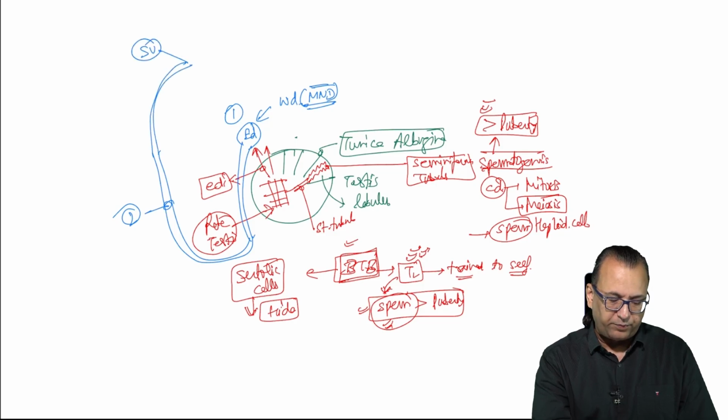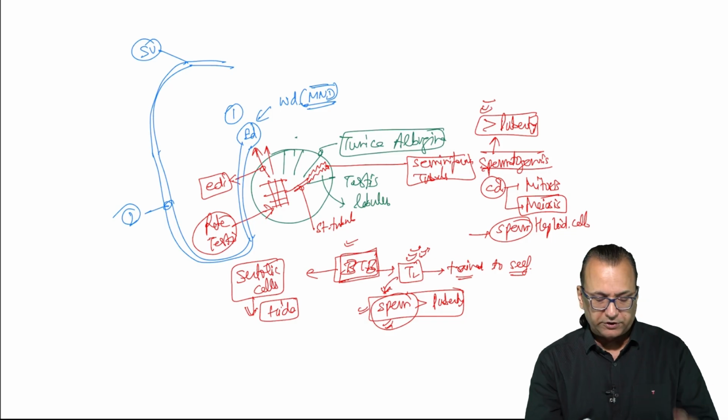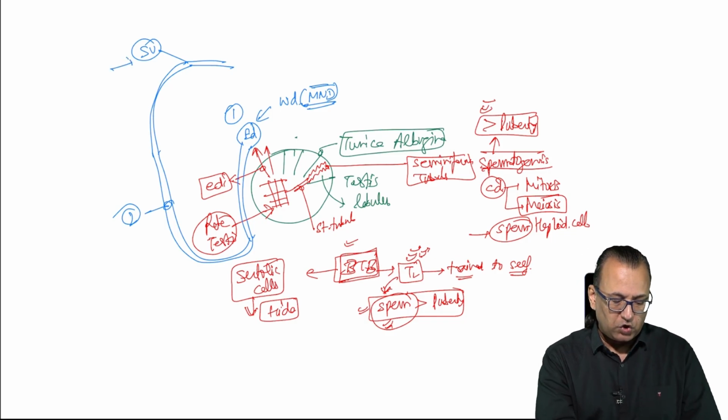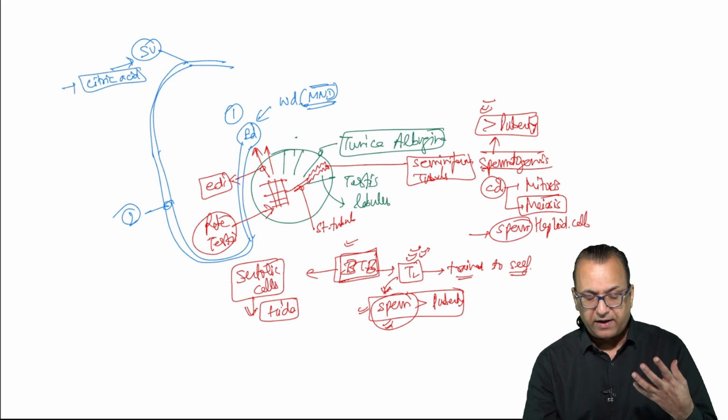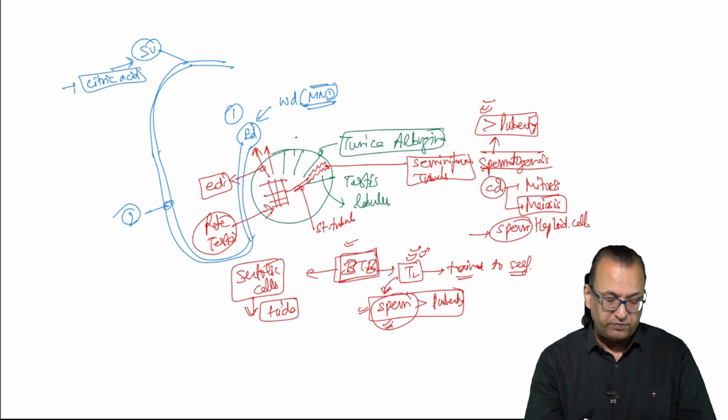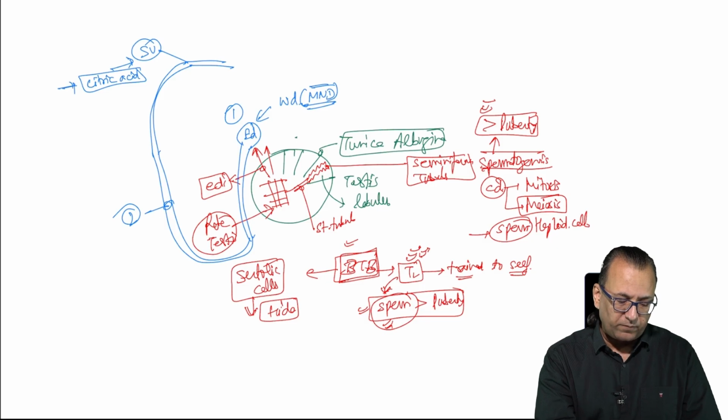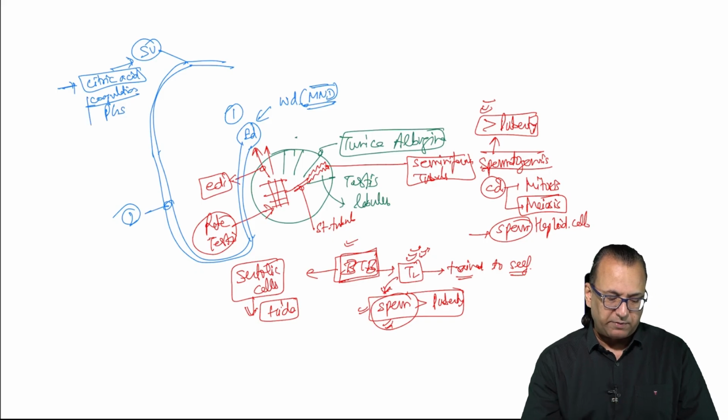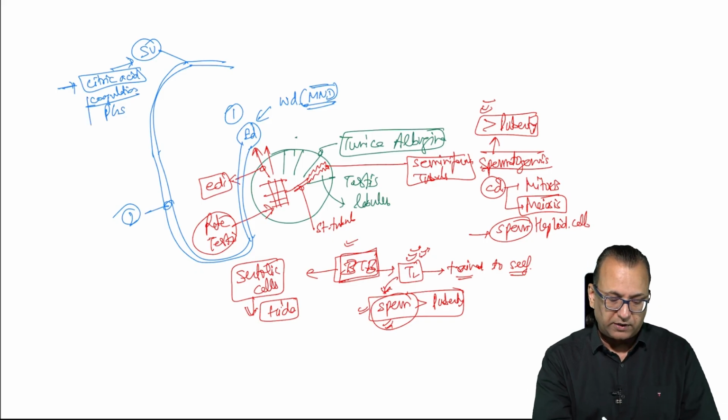The seminal vesicle will pour the constituents, as we have told. The seminal vesicle will be giving us the citric acid for the energy, providing energy to the migrating, moving sperm. It will also be giving us coagulation factors and some prostaglandins, etc. So, all that is given by the seminal vesicle, poured into the ductus deferens.